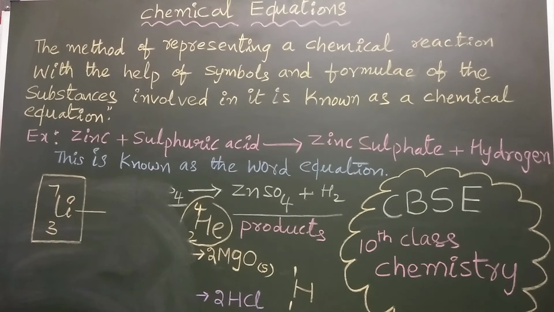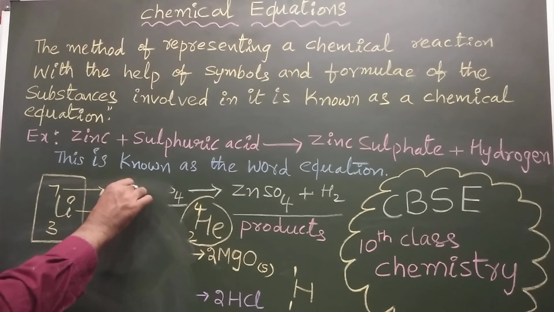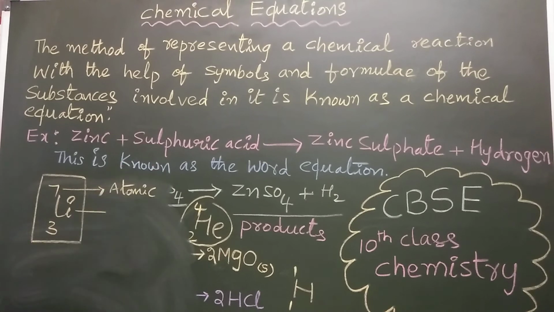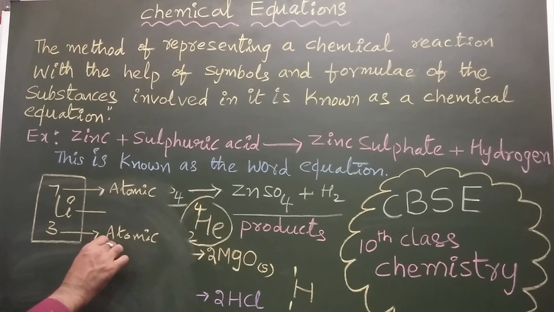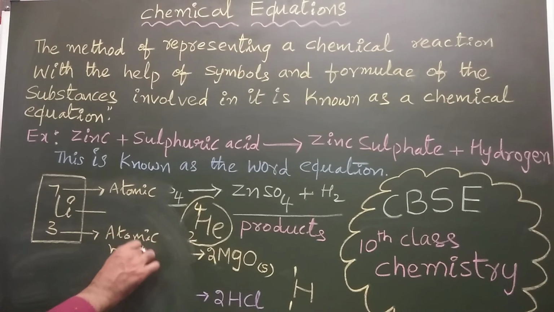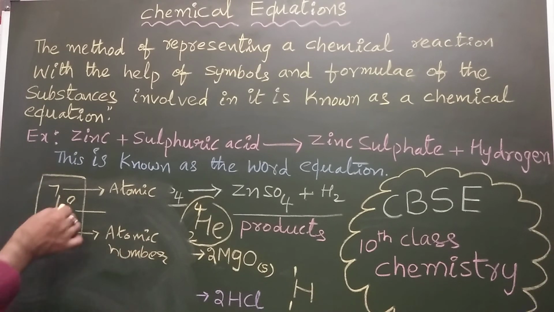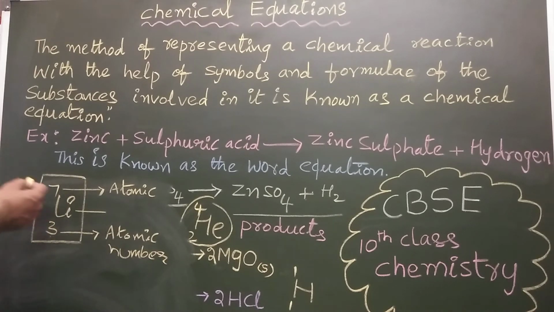This is the symbol, the name of the symbol. This 7 indicates the atomic mass, and this is the atomic number, children. So you learnt very well. In this lithium, 3 electrons and 3 protons are there, and the number of neutrons differs.